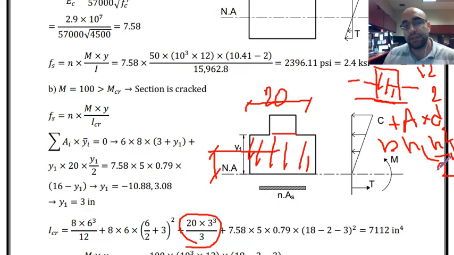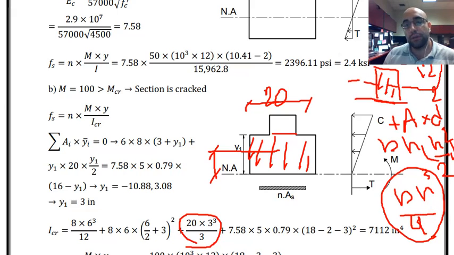If you calculate this term over here, that is basically bh cubed over 4. So bh cubed over 4 is the additional term, bh cubed over 12 is the initial term. Adding these two together, the final result will be bh cubed over 3.